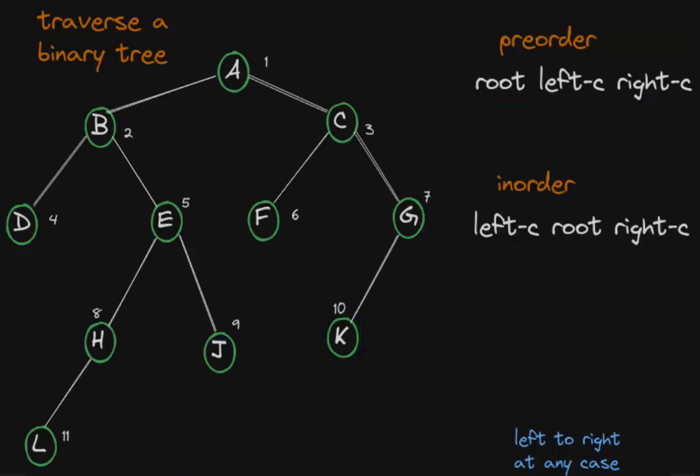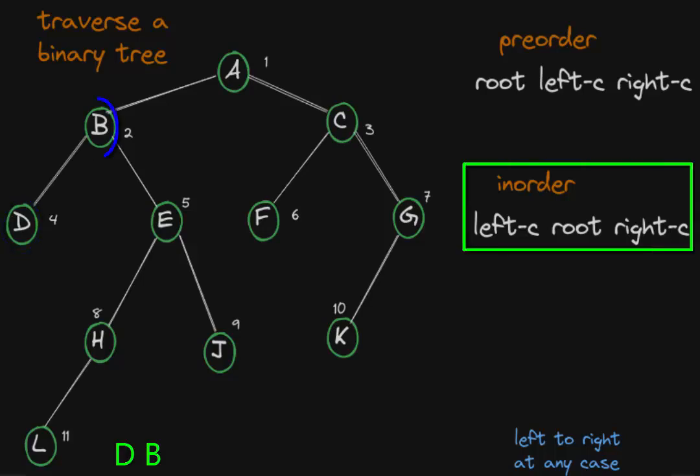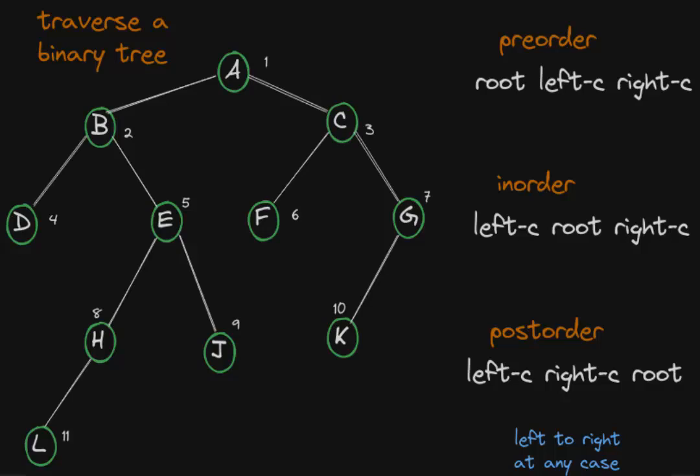The inorder traversal will read data inside the left child and the root node before the right one. Finally, the postorder traversal starts on the children from left to right before the root node.